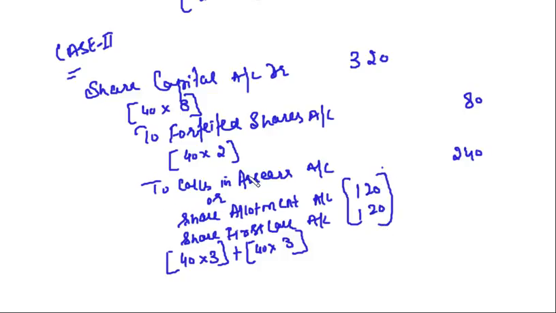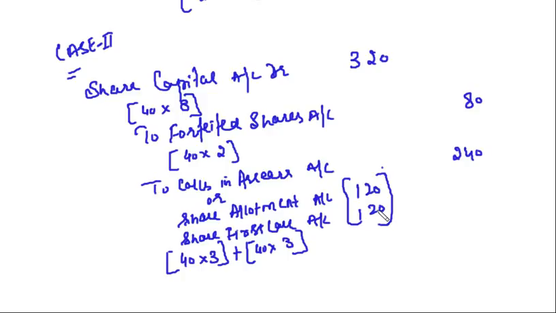If you take calls in arrears account, then it will be the sum total of the calls that have not been received, 3 rupees on allotment and 3 rupees on first call. Total 240 you have not received. If you are crediting the separate call accounts, share allotment account and share first call account, then it will be 120 each. Clear this much?